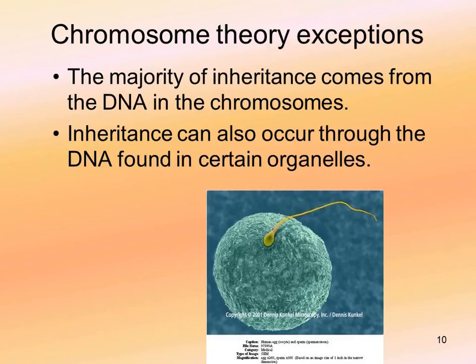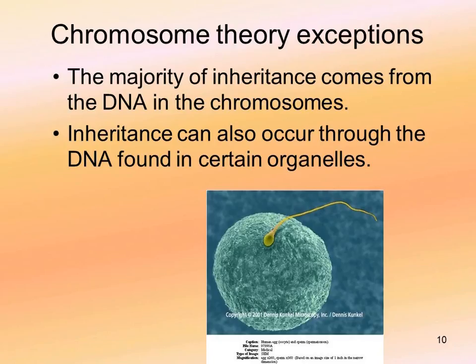When a zygote is formed, remember that's egg plus sperm, each parent gives an equal contribution of genetic material. But as you know, the majority of that genetic information, particularly information about the creation of organelles, comes from the mother.